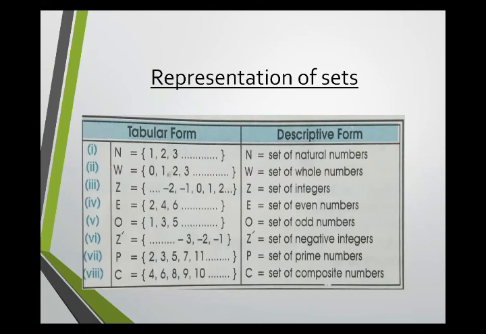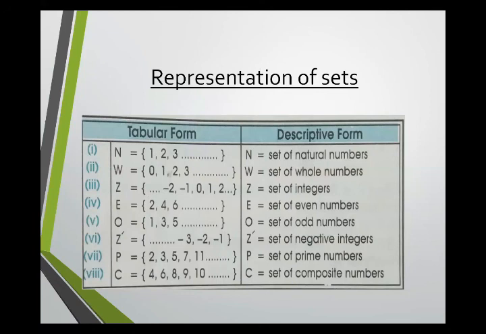The last one is C. The composite numbers are denoted by C, and the set for composite numbers is C is equal to 4, 6, 8, 9, 10, and so on.